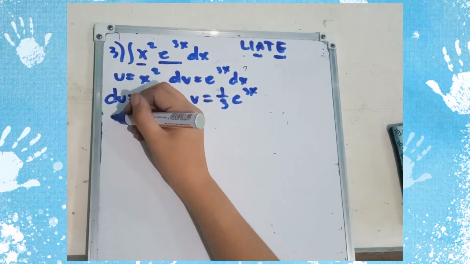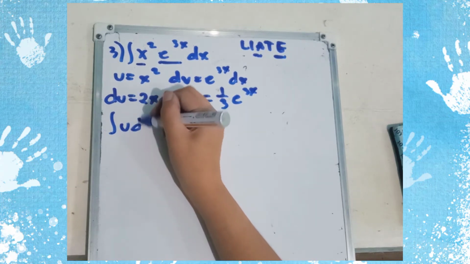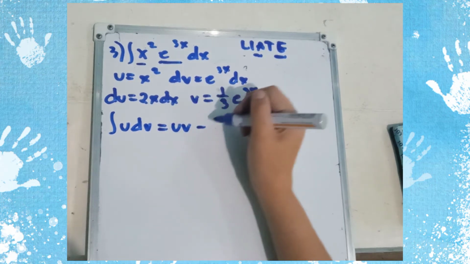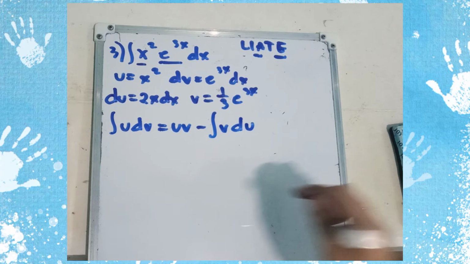Now the formula for integration by parts is the integral of u dv equal to uv minus the integral of v du.